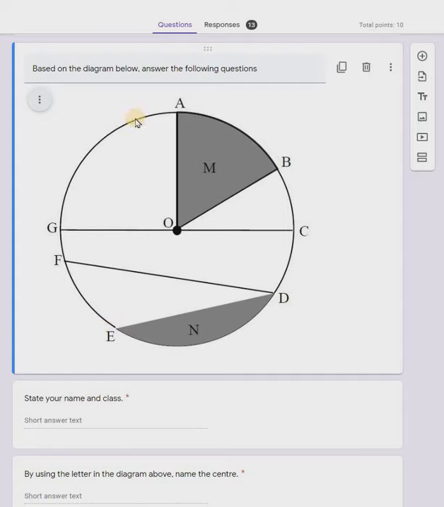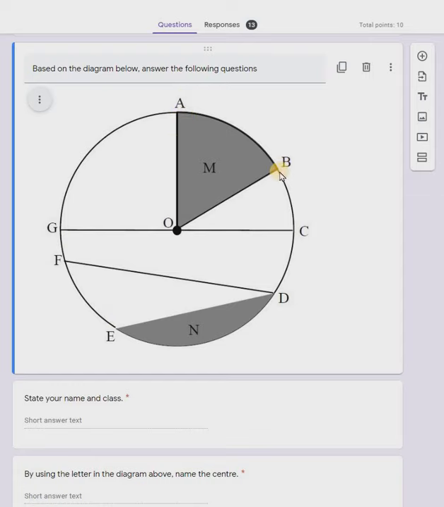As you see, compared with the whole circle, segment N is only a very small part, so we call it a minor segment. The unshaded region here we call the major segment.